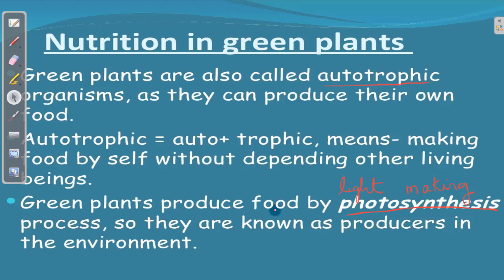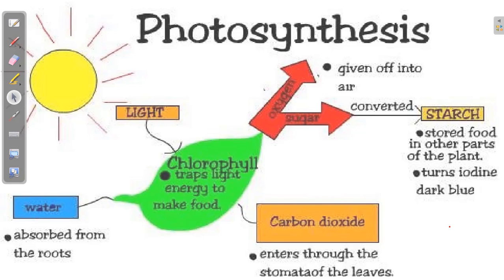One more important point to remember is that since plants make their own food, they are said to be producers. Green plants are producers because they make food by the process of photosynthesis. Now let's see what photosynthesis is.